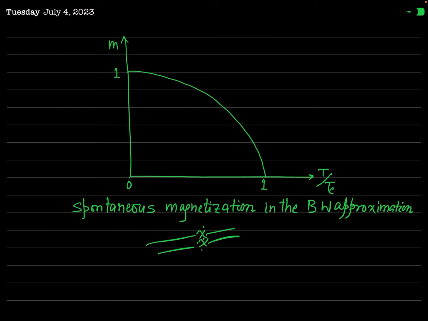Actually, you can see from this graph that when T by Tc is equal to 0, it means you are talking about 0 Kelvin temperature, then this m is equal to 1.